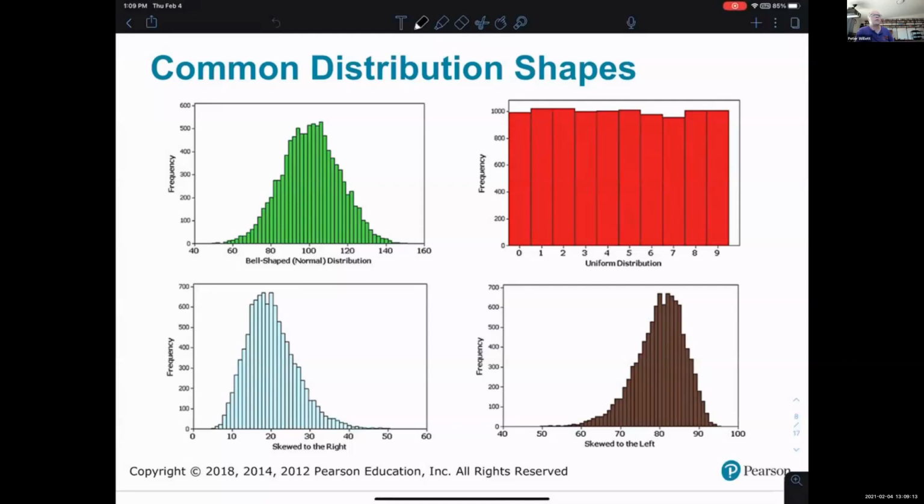Let's say I was getting the heights of all the DVC students, and I had a very detailed histogram graph of that. Well, in general, heights of people are normally distributed. However, the average height of women has been shown many times through data to be lower than the average height of men.